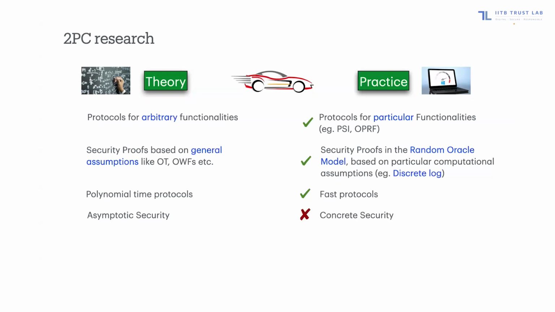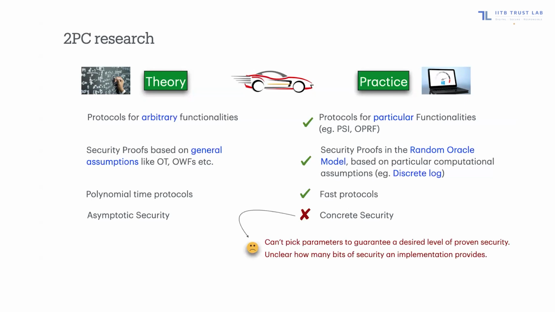One thing that is still missing from this space is concrete security analysis, which is an important aspect because without it, an implementer does not have a proof-justified way of picking parameters or, for example, what elliptic curve group to work in to get the desired level of security.